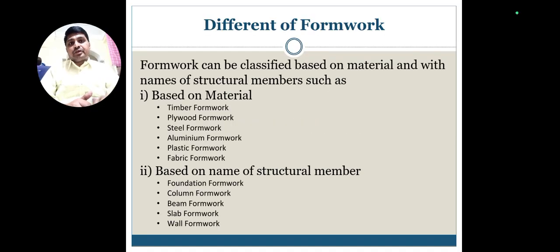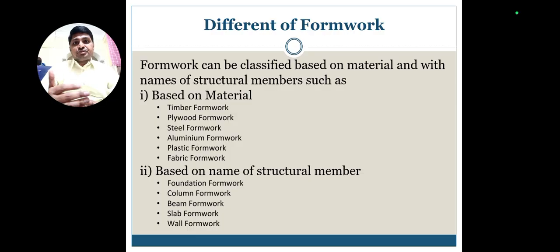When coming to the types of formwork, basically two types of formwork are available, based on the material and based on the structural member. When timber is used for manufacturing the formwork, it is called timber formwork. Instead of timber, when we use plywood for manufacturing the formwork, it is called plywood formwork.